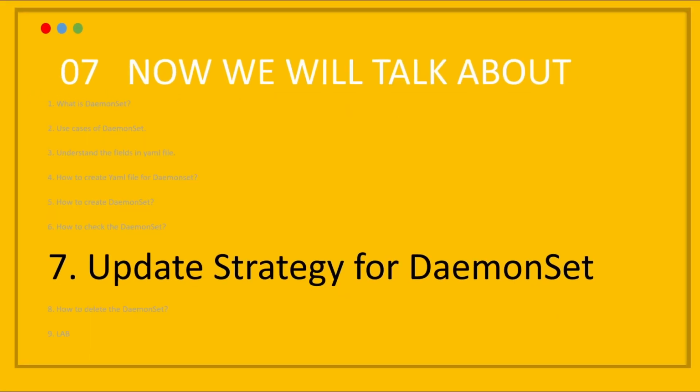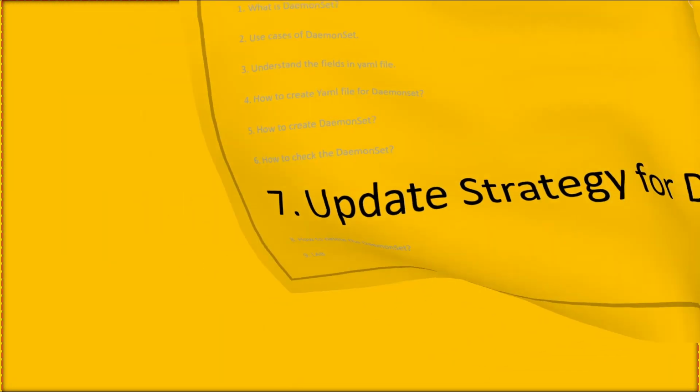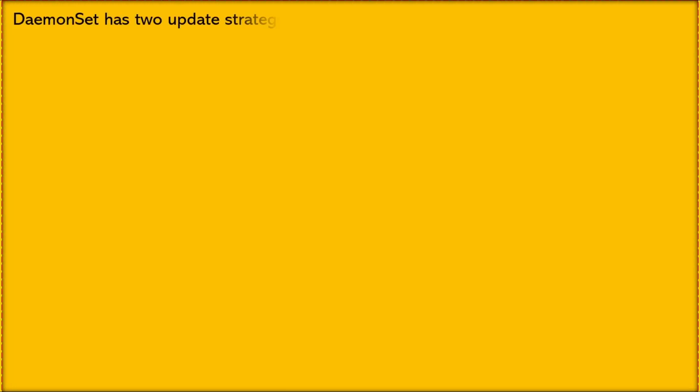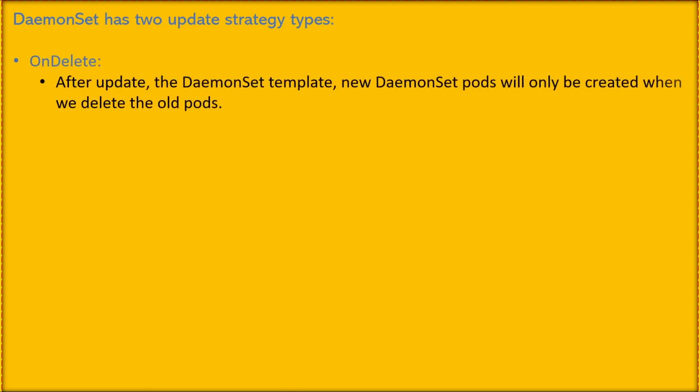Update strategy for DaemonSet, as we did for deployment. So we can also upgrade the DaemonSet. DaemonSet has two strategy types. One is OnDelete and the second one is RollingUpdate. OnDelete was used before Kubernetes 1.5 version.